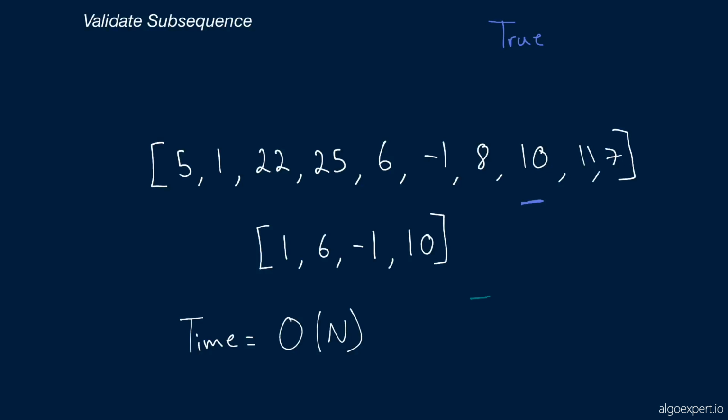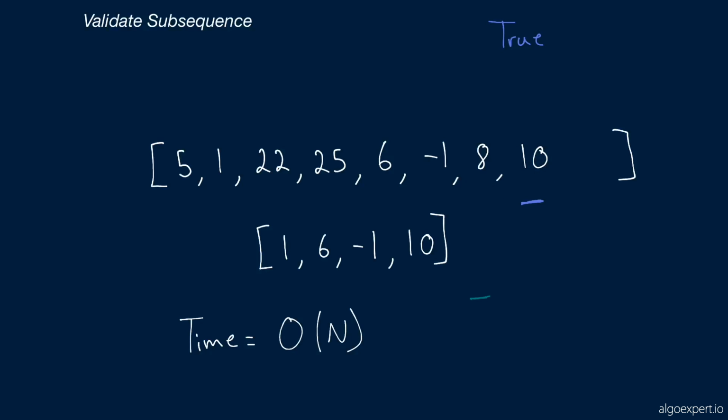But also, sometimes the subsequence is going to take up the entire main array. Like for instance, before, when we didn't have 11 and 7, when we only had the 10 here at the end, this subsequence had us go all the way to the end, and that's where we found the last element.